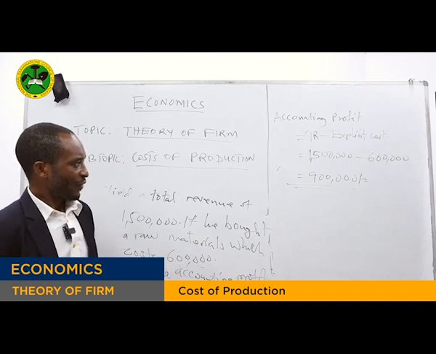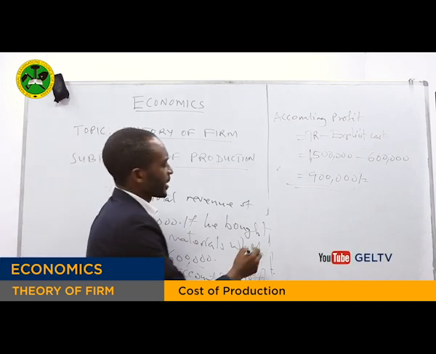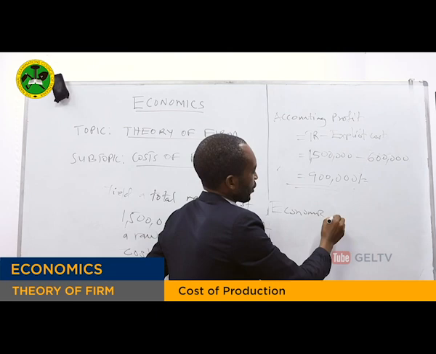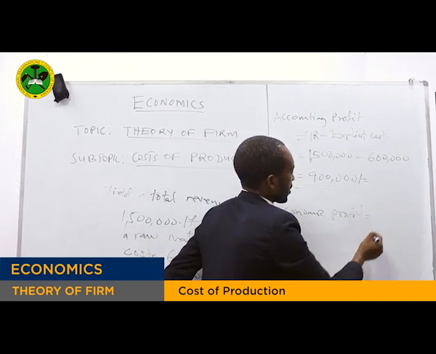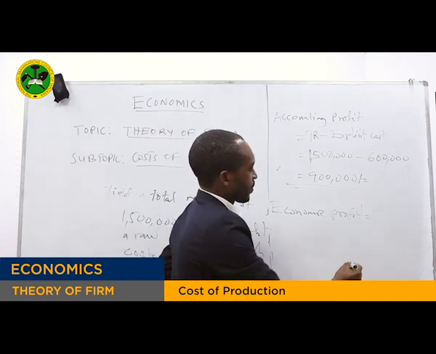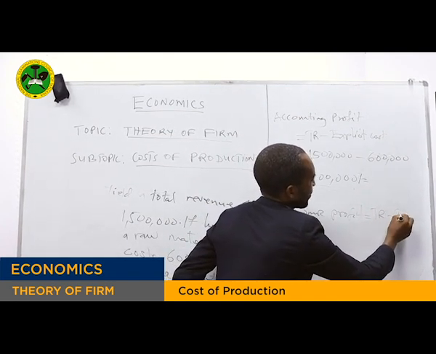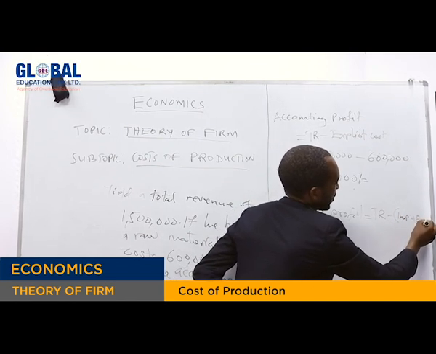Now, if we are asked to calculate the economic profit, this will be equal to total revenue minus implicit cost plus explicit cost.